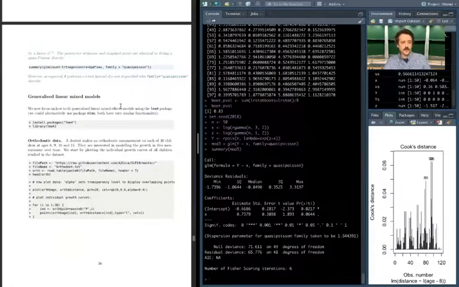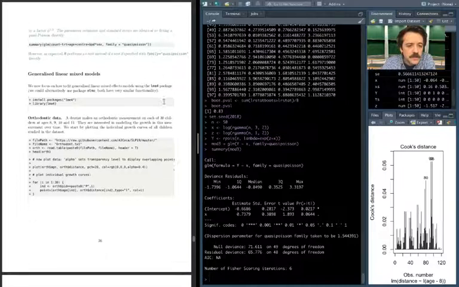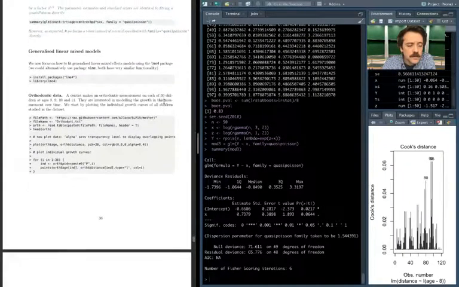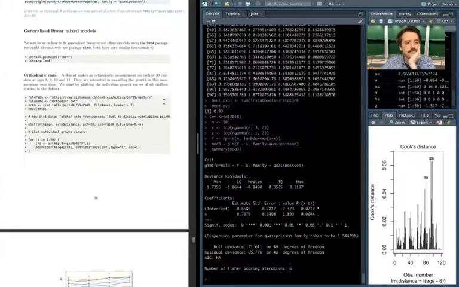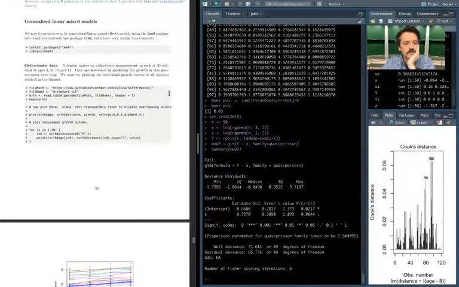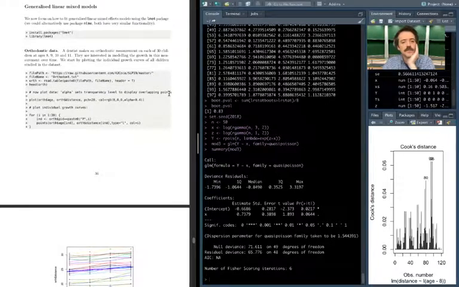Okay, so should we go into GLMMs? So this example is showing that, on the one hand, these models are not only useful to model over dispersion, but rather just dependencies in general, right?